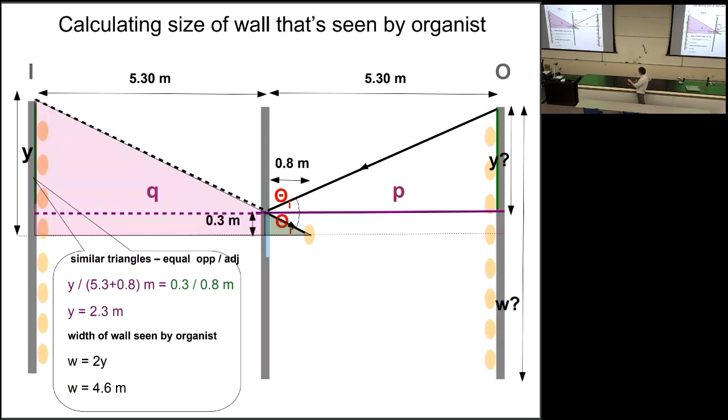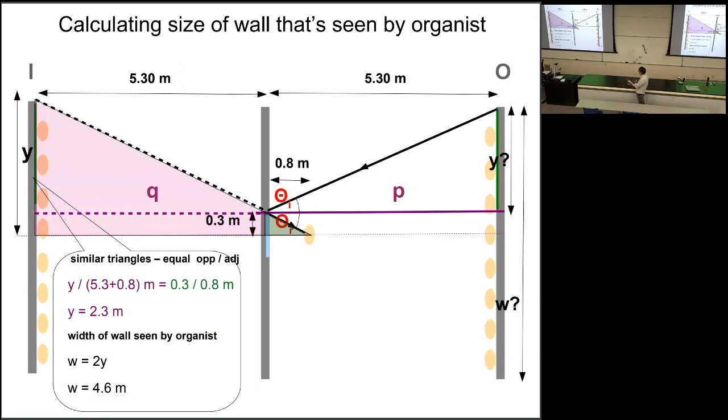If you look at this equation, the only quantity I don't know in that ratio is this y here. So we can rearrange and solve for y, and you find it's 2.3 meters.